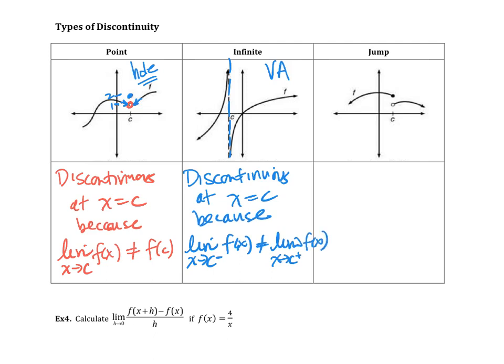So when the limit as x approaches c from the left does not equal the limit as x approaches c from the right, then the limit does not exist. And if the limit does not exist, then that means we have a discontinuity. Particularly, we would say those are going to negative and positive infinity.